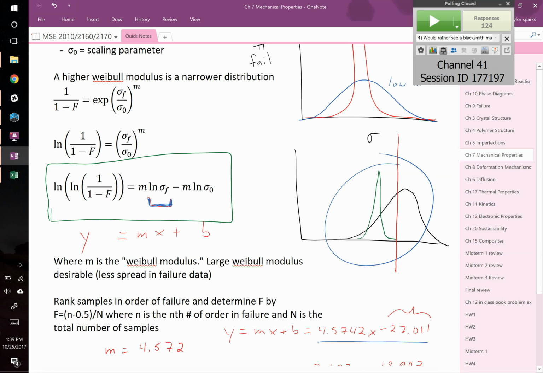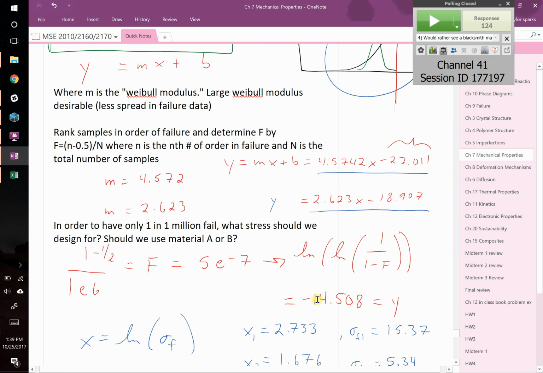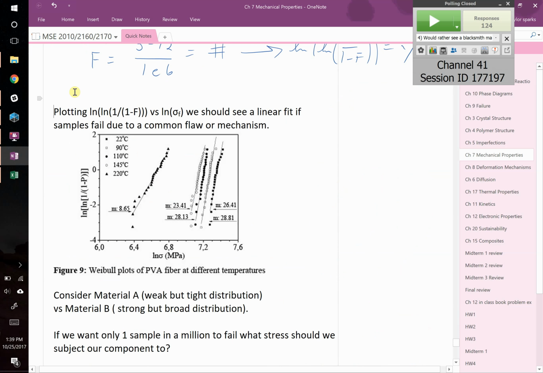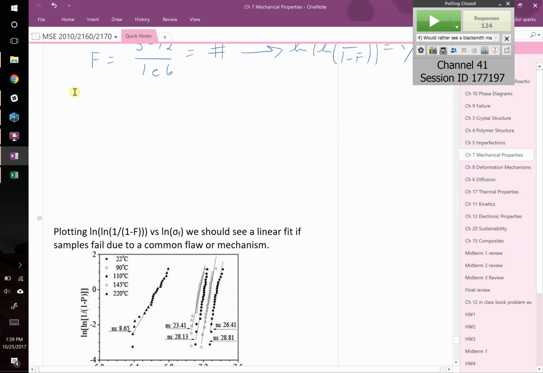So how could you tell your boss, using this analysis, what fraction of your components will fail at some arbitrary stress? Let's say this is the exact question: what fraction of the components will fail at 100 megapascals? Okay? So turn to your neighbor and talk about how you would go about tackling this question.